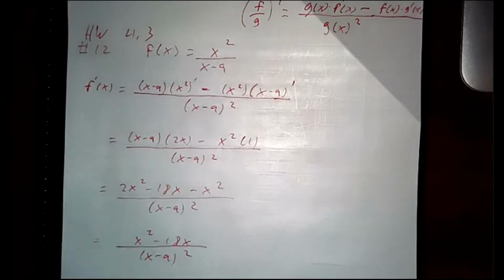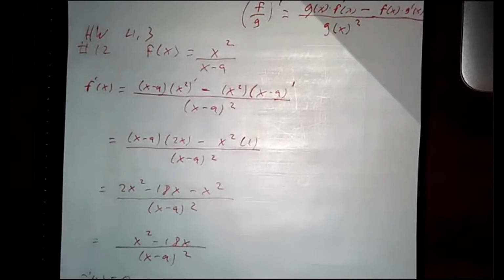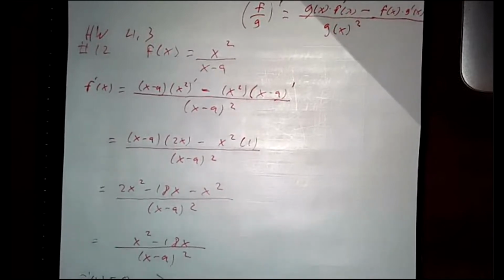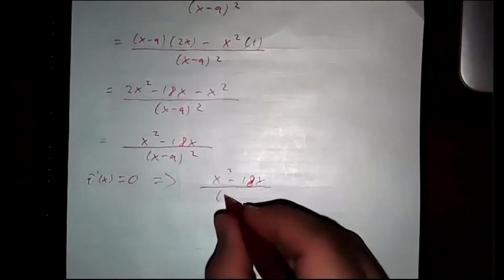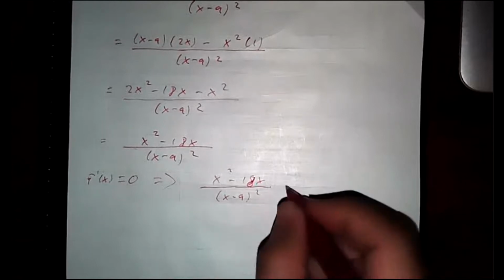So now the next step is set this to 0. So that would give us x squared minus 18x, x minus 9 equal to 0.